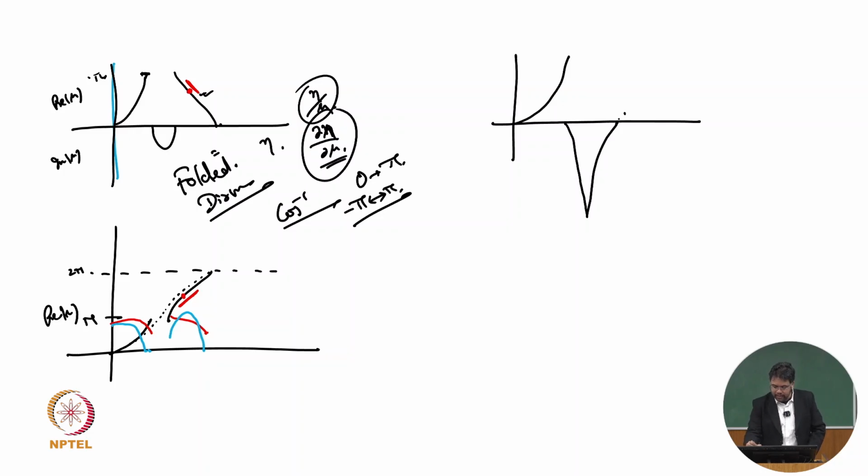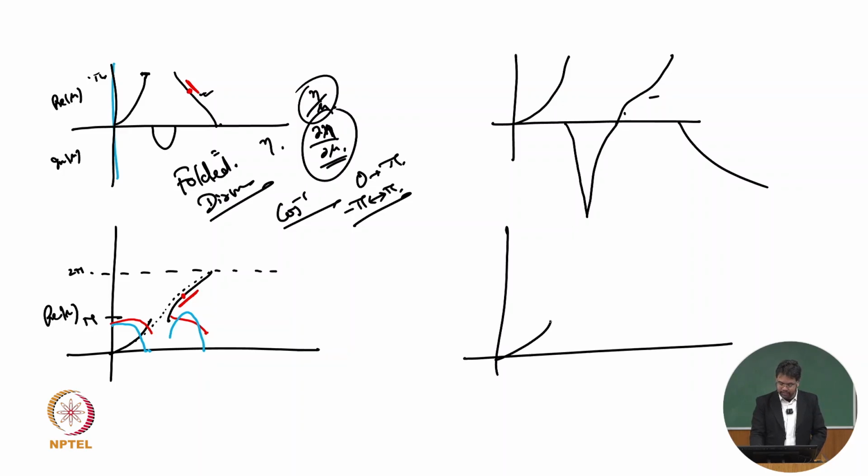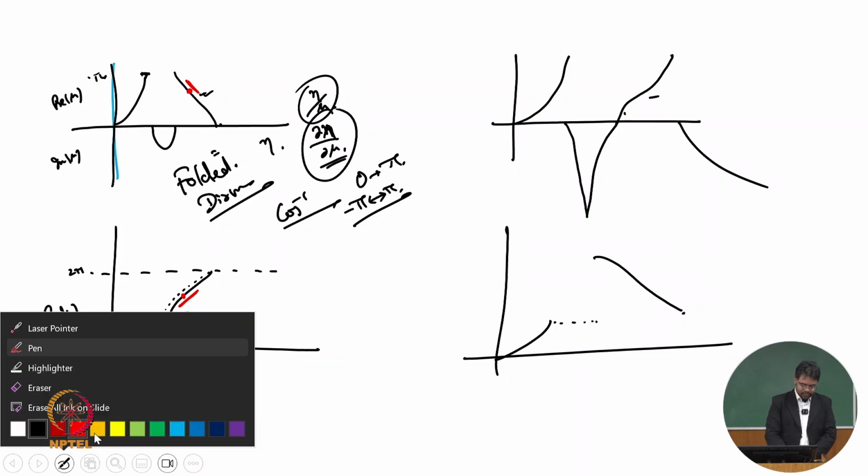So here you see that this is going like this, and then comes like that. That is the folded part. In the unfolded case, how should it look? Now this will come like this. So what's the problem?